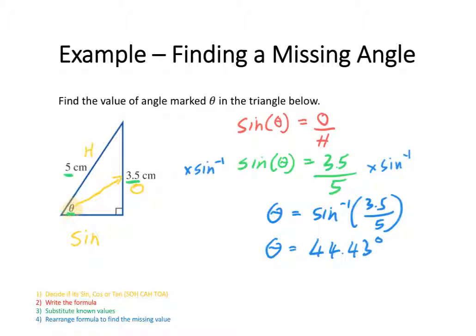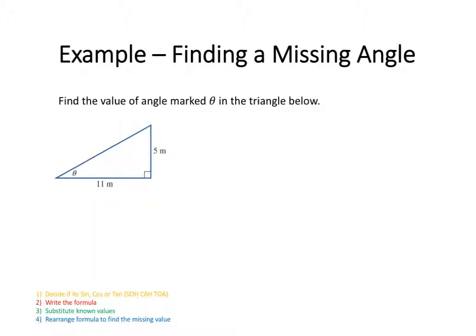So let's have a look at a second example. In the second example, I want to find the value of the missing angle, again marked theta. The first step is to have a look at what information I have been provided with. My specified angle is theta, and I need to look at what two sides I know in relation to that missing angle. I've got the opposite side and the adjacent side.